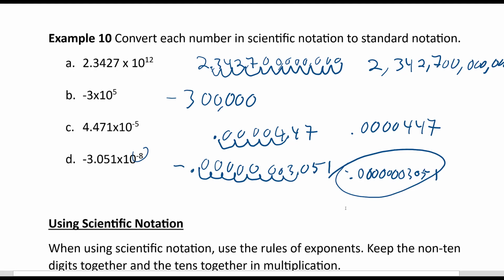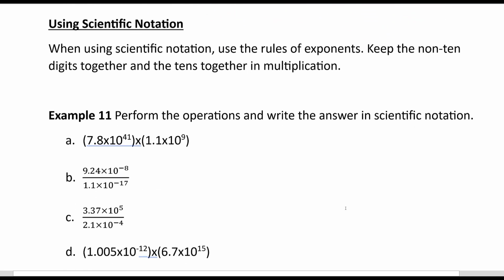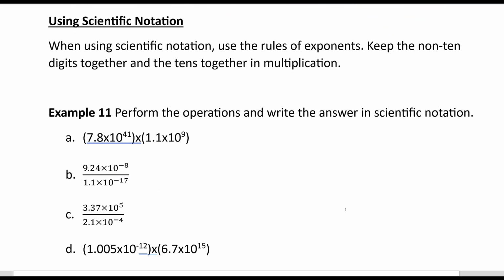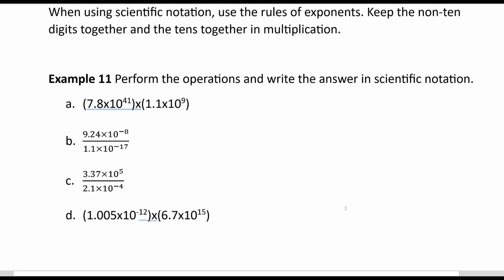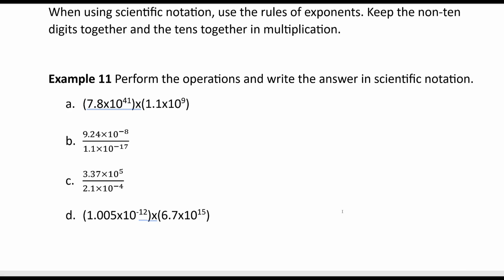Okay, let's talk about using scientific notation. When using scientific notation, use the rules of exponents. Keep the non-10 digits together and the tens together in multiplication. So that doesn't sound too cryptic. The point is kind of like terms. So the 7.8 and the 1.1.